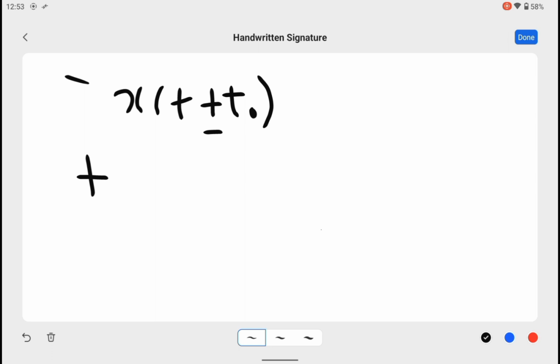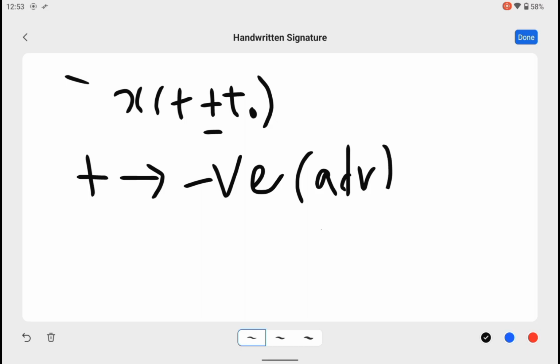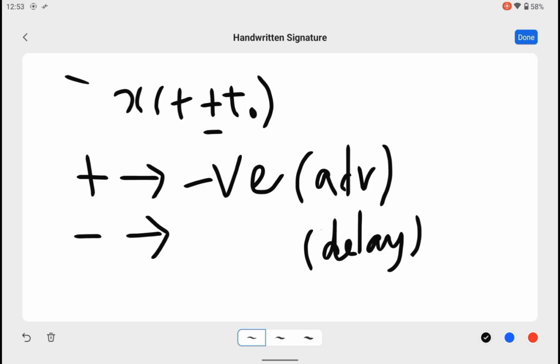If it is positive, then I'm going to advance this signal, so I have to shift the signal to the negative side, moving it before the time period. If the symbol in between is negative, it means that I'm going to delay the signal. So in that case, I have to move it to the positive side.